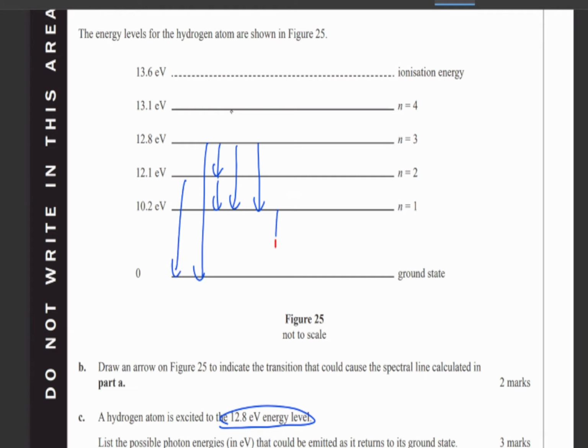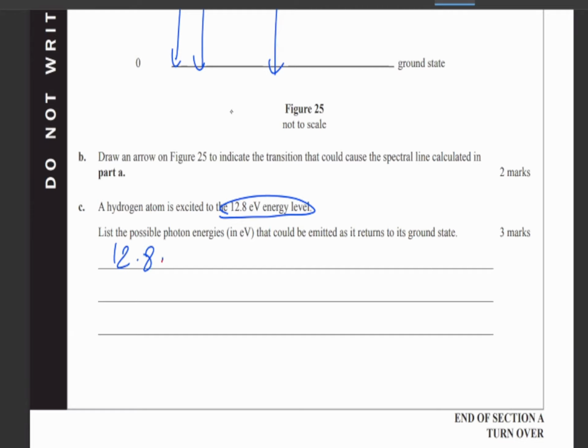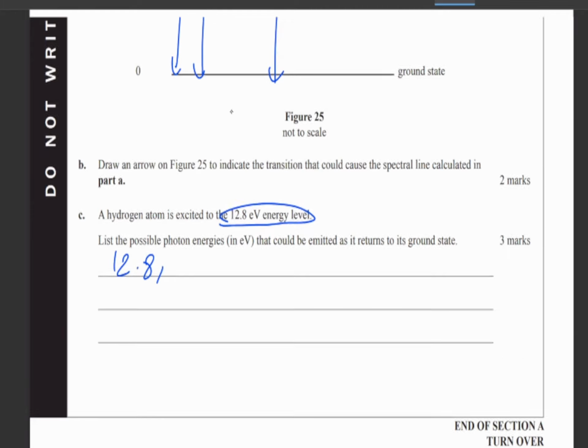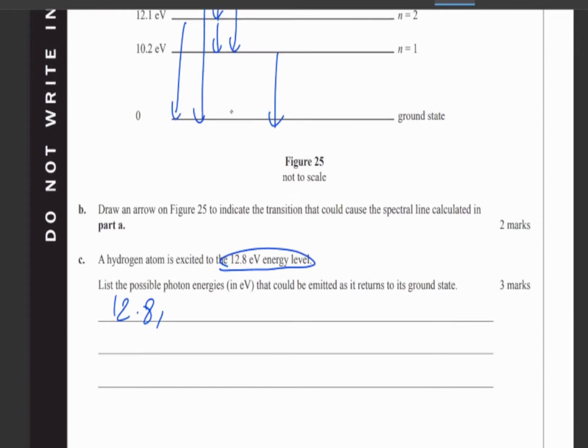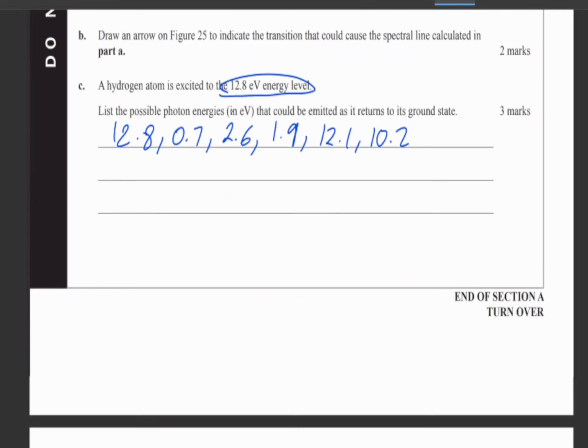You can have 12.8, 0.7, 2.6, 1.9, 12.1, and then 10.2. Yes, I think that's 1, 2, 3. Yep, I think that's it.